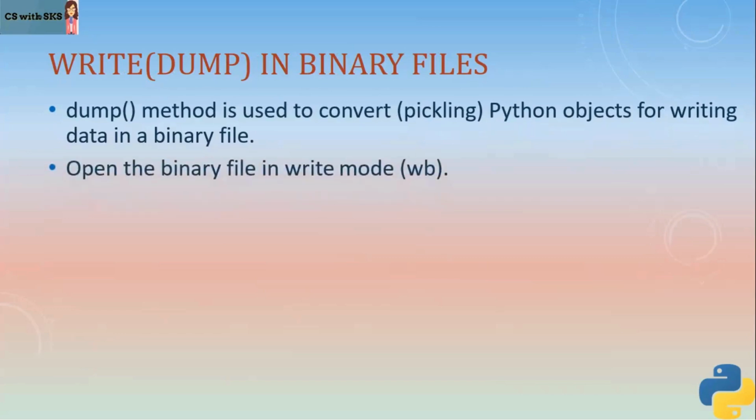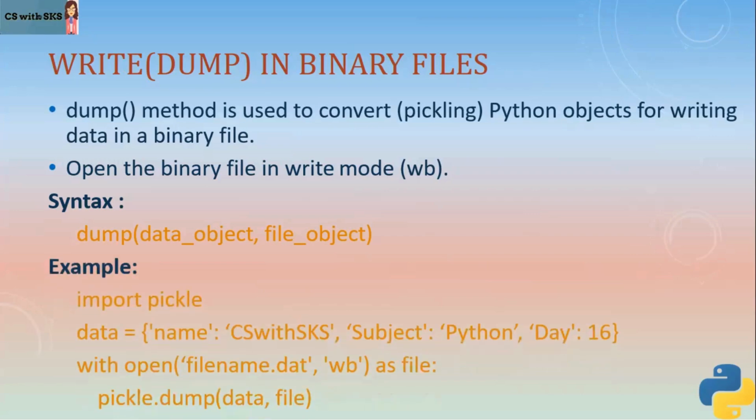How do we use it? First of all, we need to open the binary file in write mode, which is WB, and syntax is dump. Then we have data object in the bracket that you are going to write to the file, for example, some list or dictionary, and then the file object with which you have opened your binary file, right?